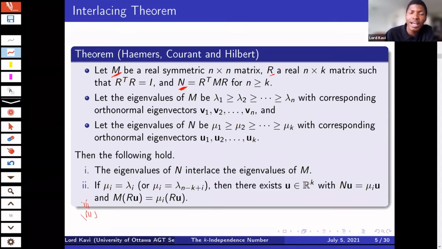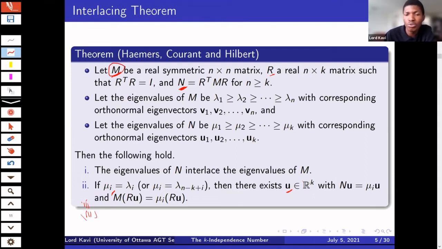Suppose the eigenvalues of the matrix M are lambda 1 to lambda n, and those of N are mu 1 to mu k, with their corresponding eigenvectors. If it happens that at any point mu i equals lambda i, then there is an eigenvector u of N corresponding to this eigenvalue such that we are able to get the corresponding eigenvector of M. How do we do that?